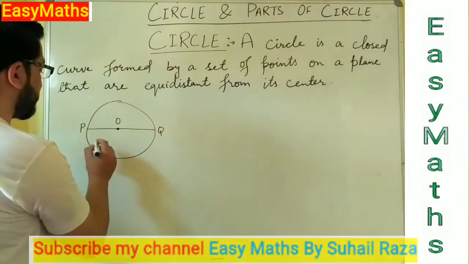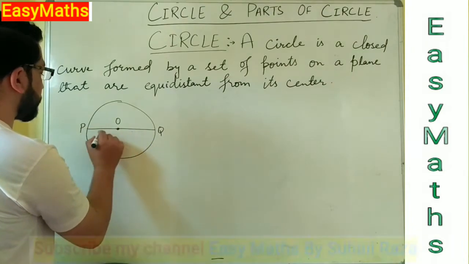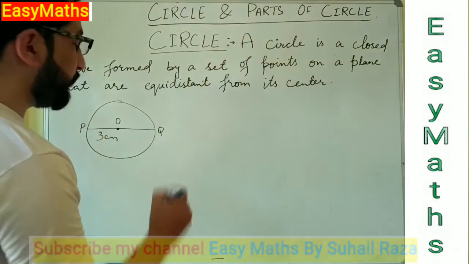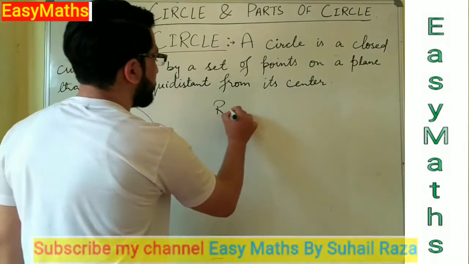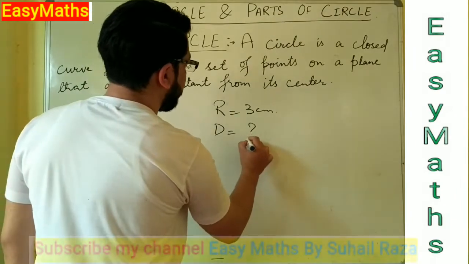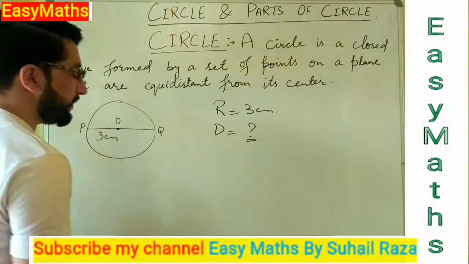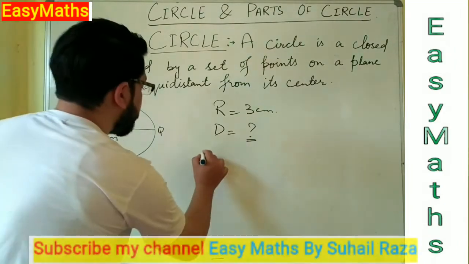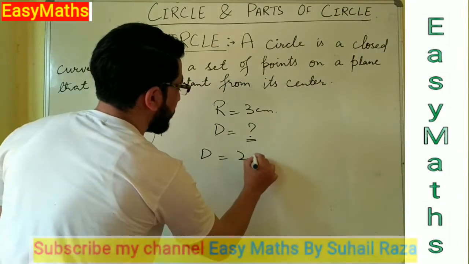So students, if the radius is given, suppose our radius is 3 centimeters, and we have to find the diameter. What will be the diameter? As you saw earlier, diameter is equal to twice the radius.